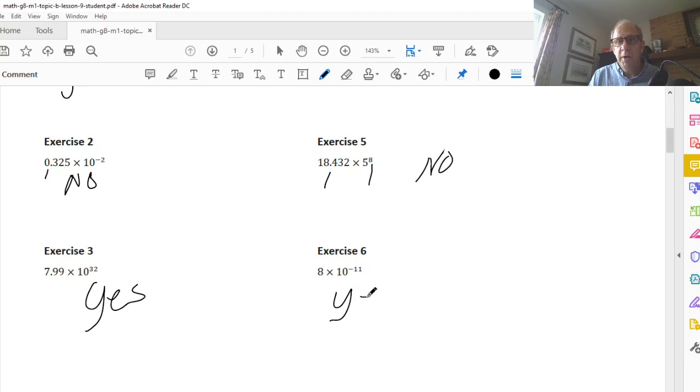Yes, that works, because this is between 1 and 10, and this is a power of 10. Yes, it's a small number, but it's still a power of 10. So this one would be 0.1, 2, 3, 4, 5, 6, 7, 8, 9, 10, 11. So this would be this decimal.